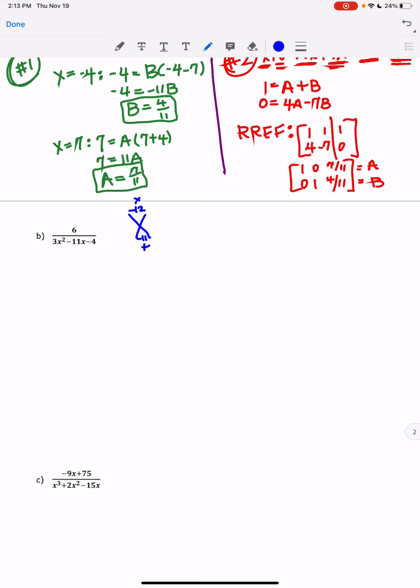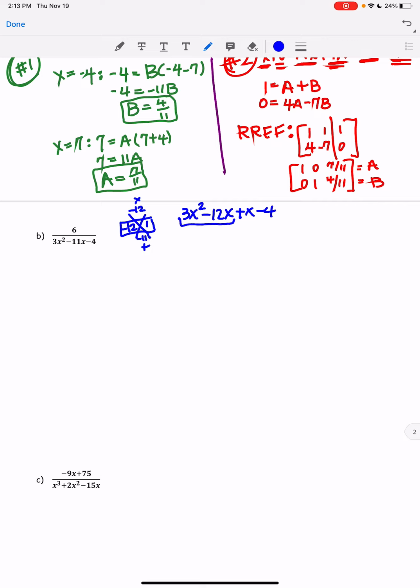And that's going to be -12 and 1. So we're going to use that to rewrite this middle term. So I've got 3x squared minus 12x plus x minus 4, and factor by grouping.